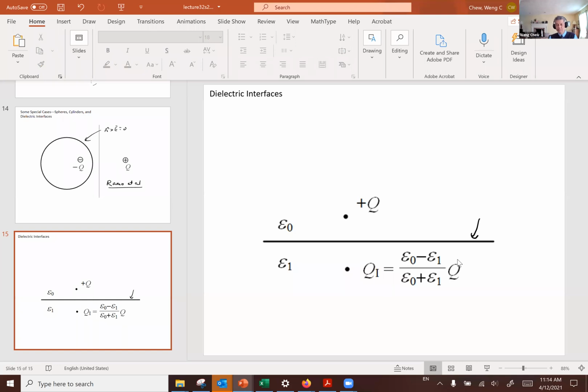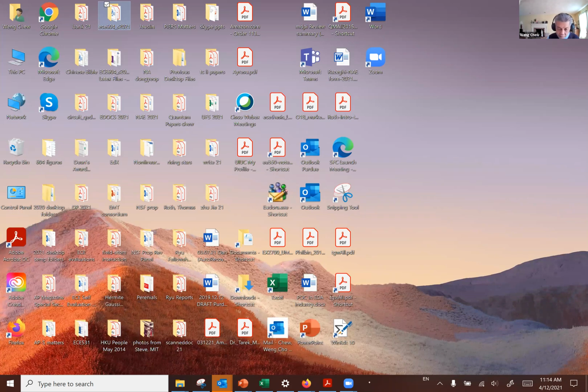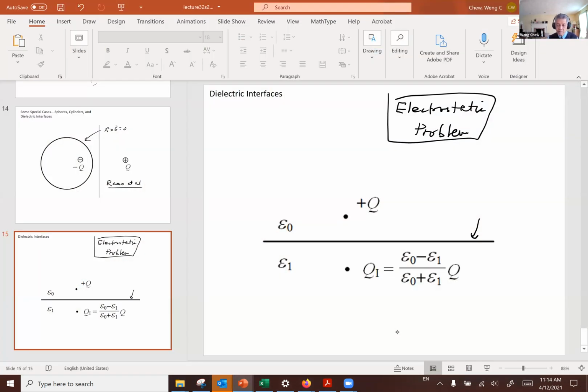Okay, what do you think are the boundary conditions there? It's an electrostatic problem. So what are the two boundary conditions that we should have on that surface? Okay, anybody wants to suggest the kind of boundary conditions we should have at that surface?